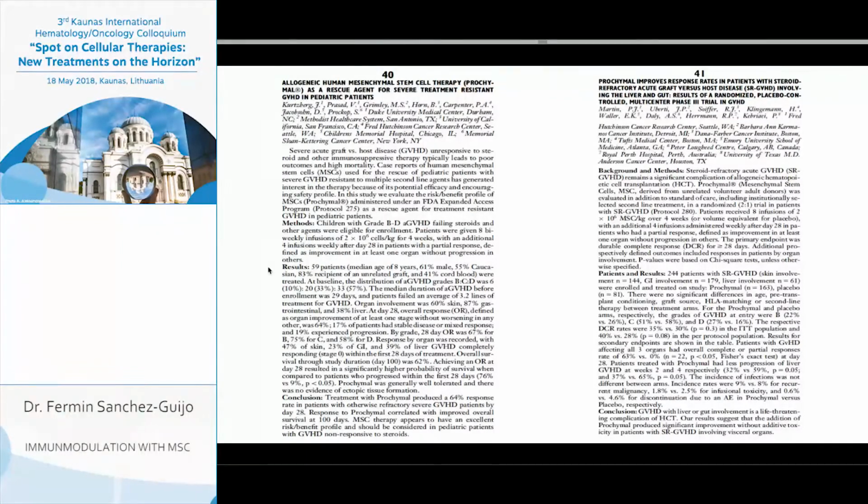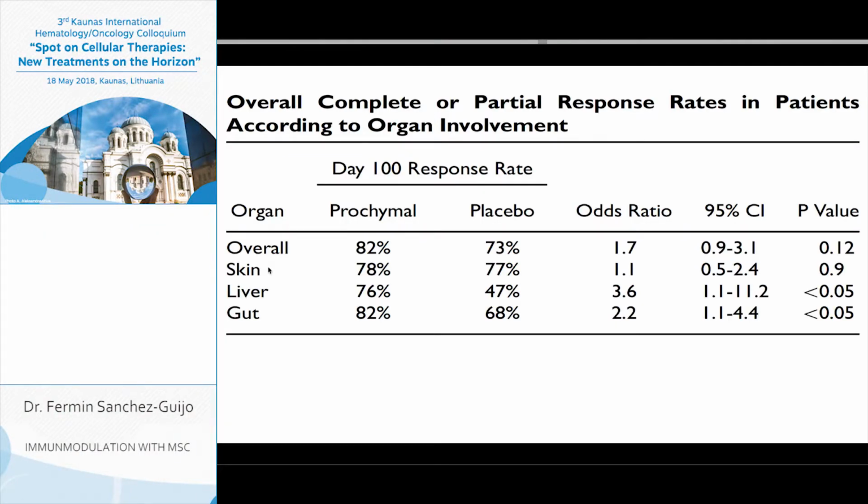As you can see in the slide, there's no difference in benefit for the cells compared to placebo for skin GVHD, and thus for the overall response. But if you look into the details for patients with liver and gut involvement, there was significant benefit for the cells compared with the placebo. But unfortunately, the primary endpoint of the trial was overall response.